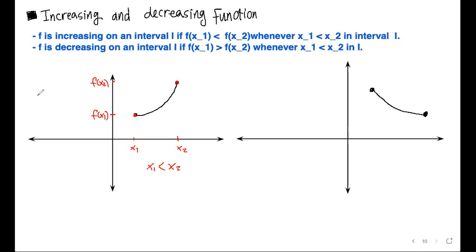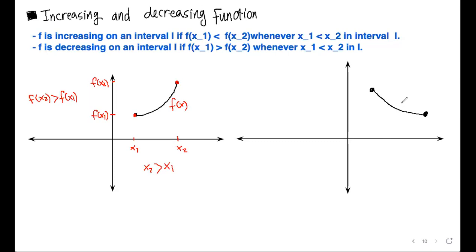Since f of x2 is greater than f of x1, this means the function is increasing. Again, x2 is greater than x1, and at the same time f of x2 is greater than f of x1, so the function is increasing.